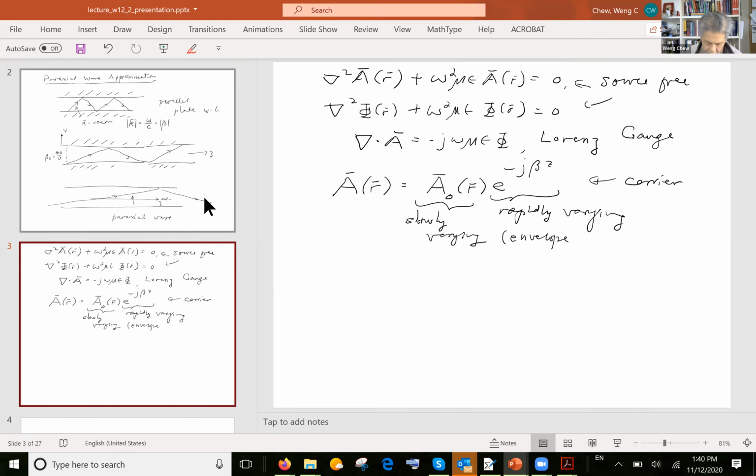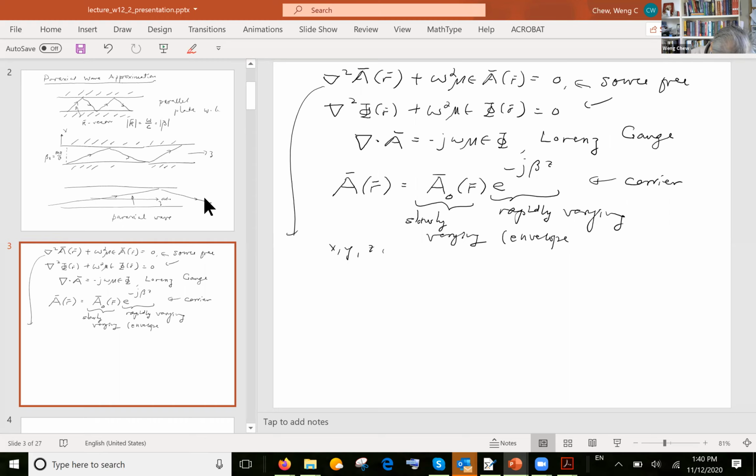So this expression can be approximated as such, and actually there's no approximation being made. I'm just postulating that the solution looks something like that. And since this is valid for x, y, z component, I can focus my attention to the x component first, for instance.